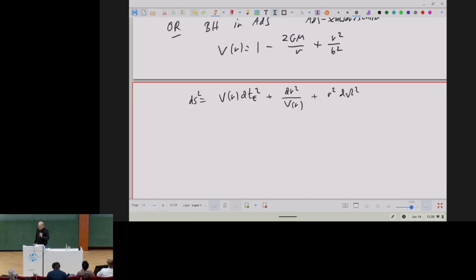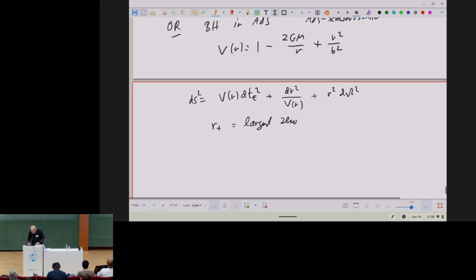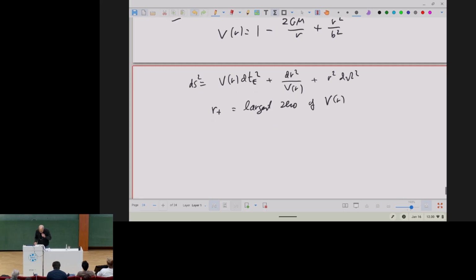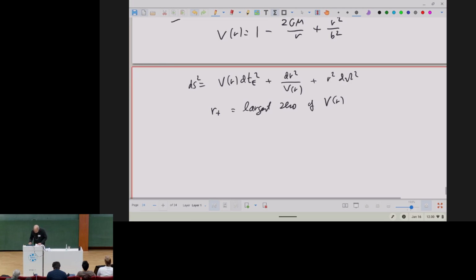But the topology is different because V is no longer positive definite. You see that V becomes negative if r is sufficiently small. So we let r plus be the largest zero of V, and so M is the ADM mass of the spacetime. Well, you could call it the mass of the black hole.